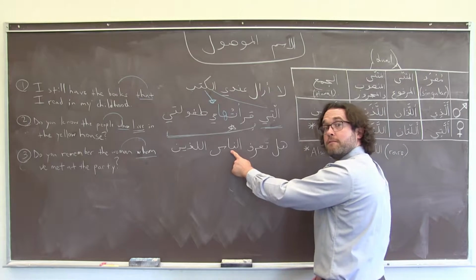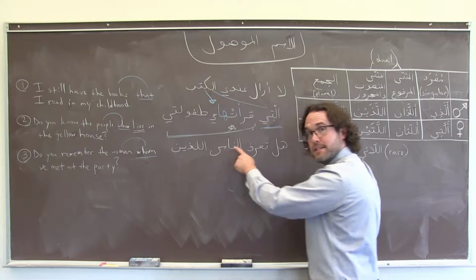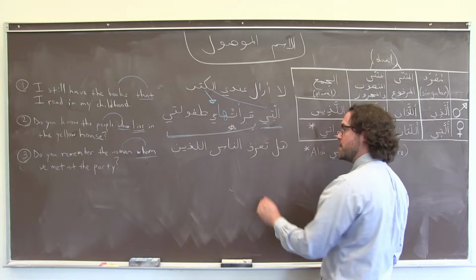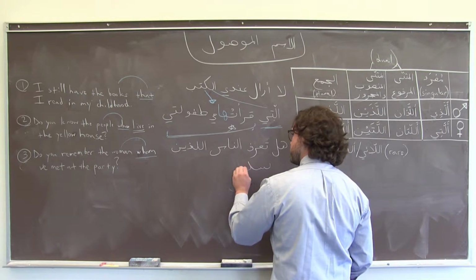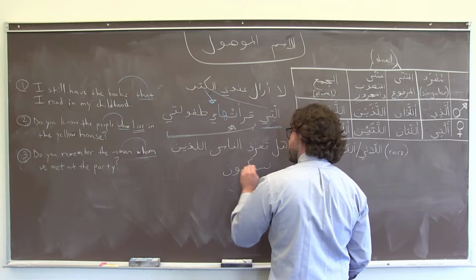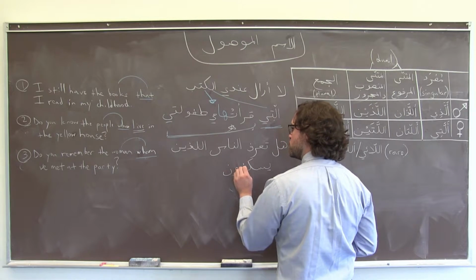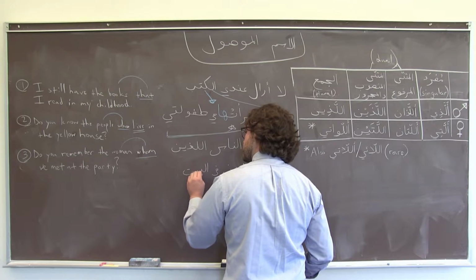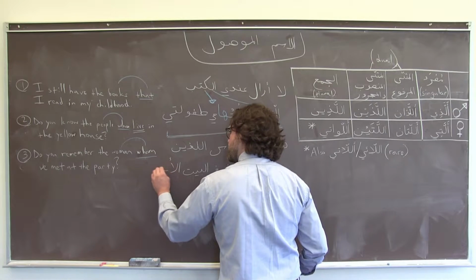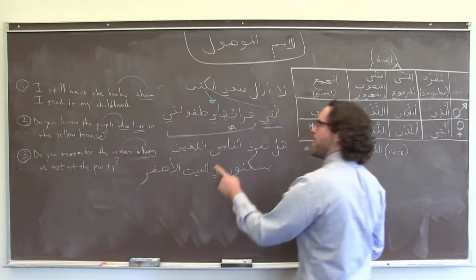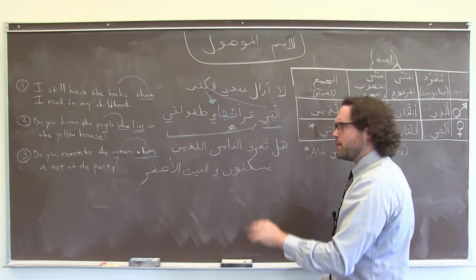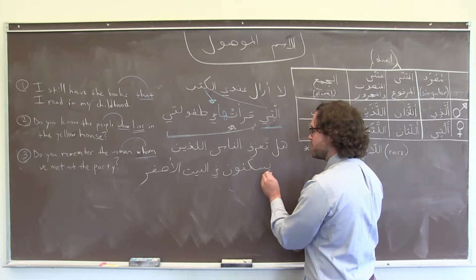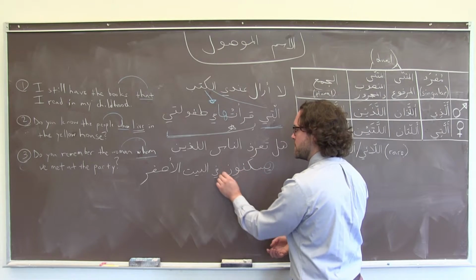I need to conjugate the verb for الناس. It needs to be that third person plural conjugation. الذين يسكنون في الأصفر. Now, we don't have an object pronoun here, but I have successfully referred to those people again because this verb is conjugated for them.